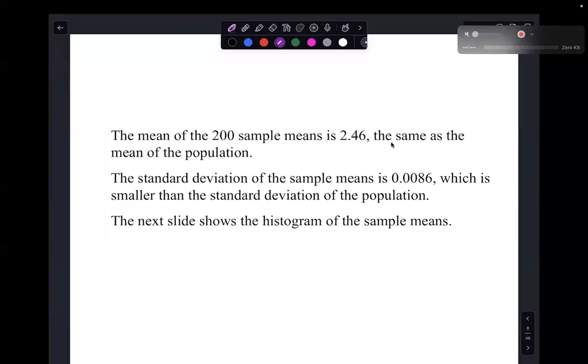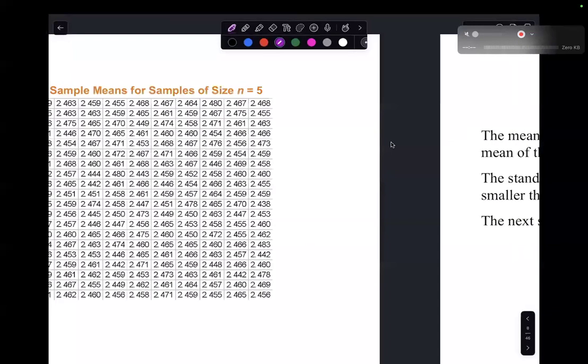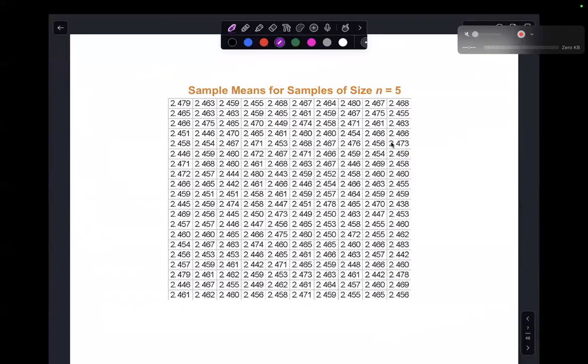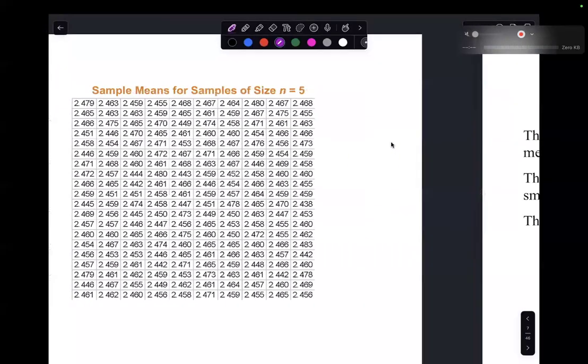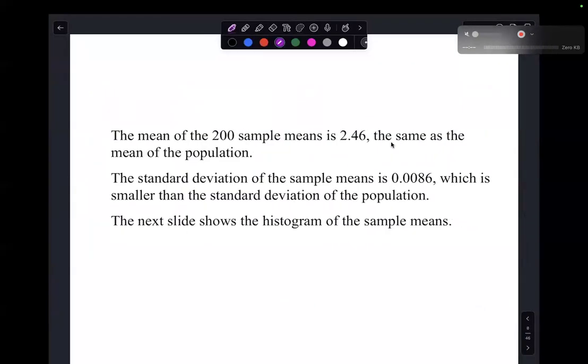The average of the 200 sample means is 2.46, the same as the mean of the population. So I took all of those means and found the mean of all of the means, the average of all of the averages, and I got the same thing as the population.